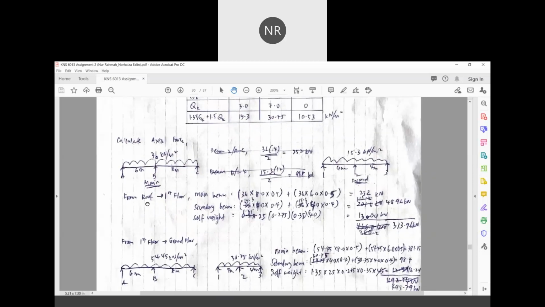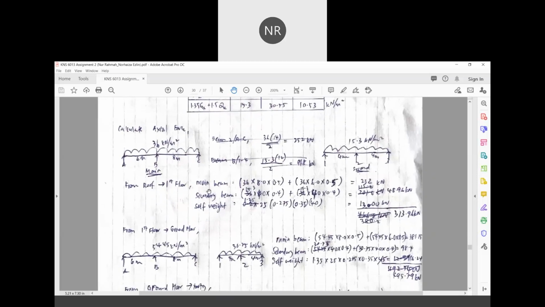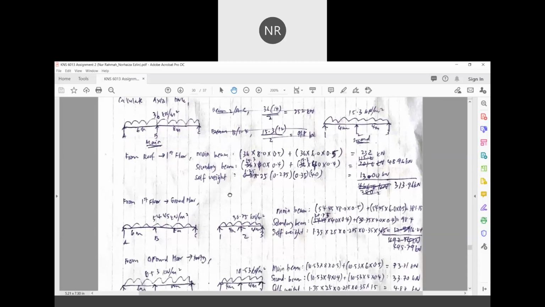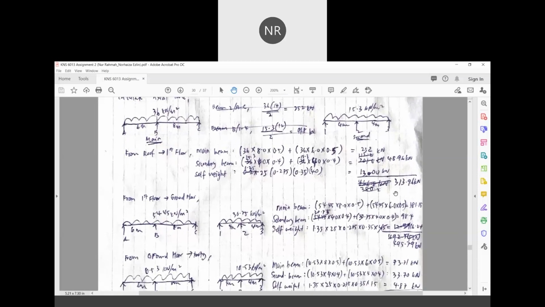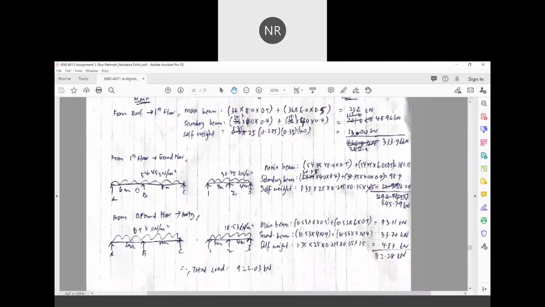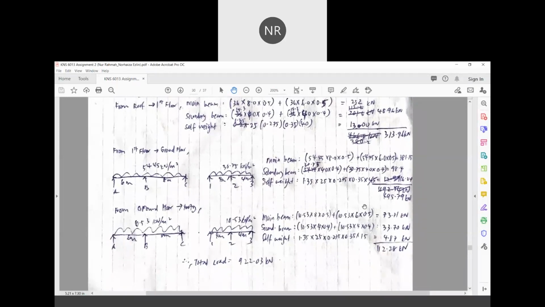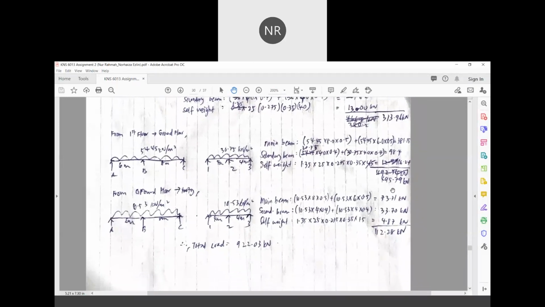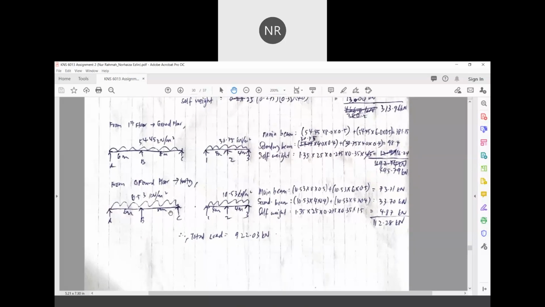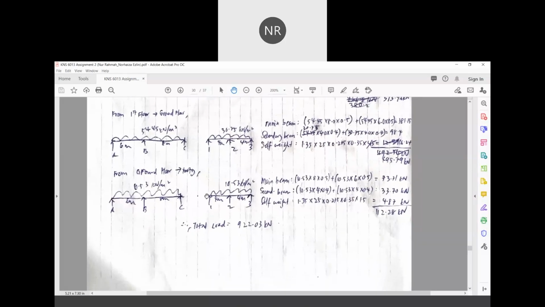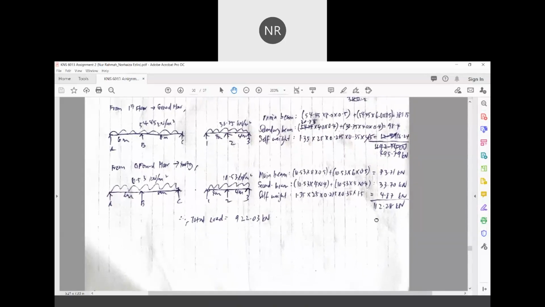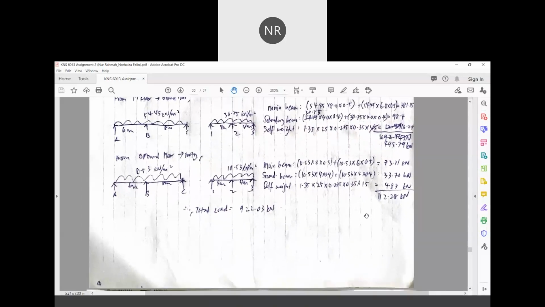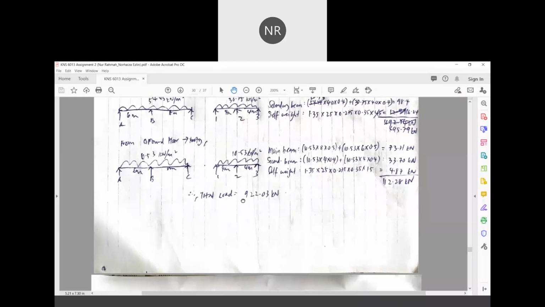So from the roof to the first floor, our load is equal to 313.6 kilonewton. And then from the first floor to the ground floor, the load is 497.9 kilonewton. And ground floor to the footing, 512.8 kilonewton. So altogether, the total load is 1322.03 kilonewton.